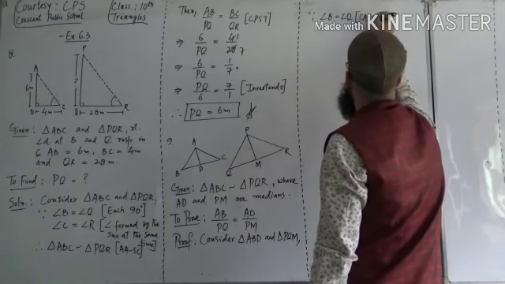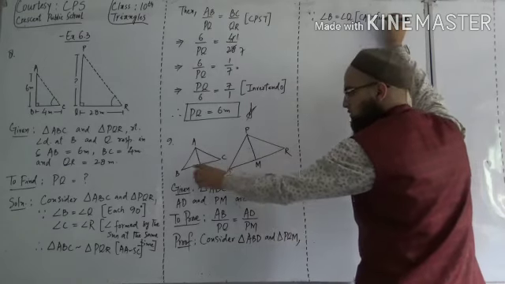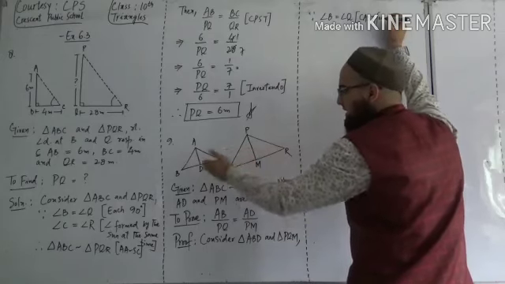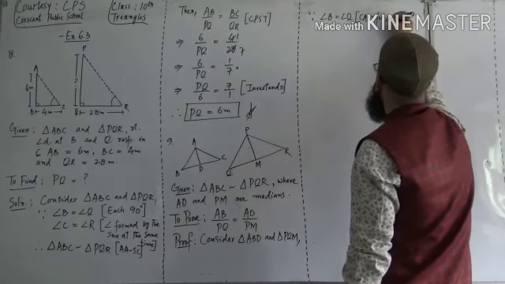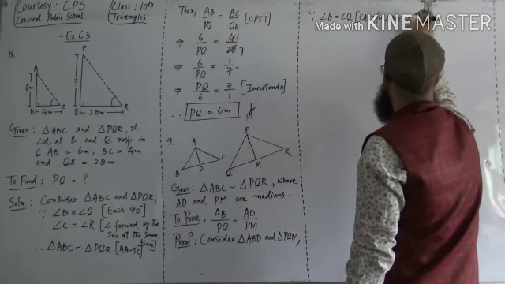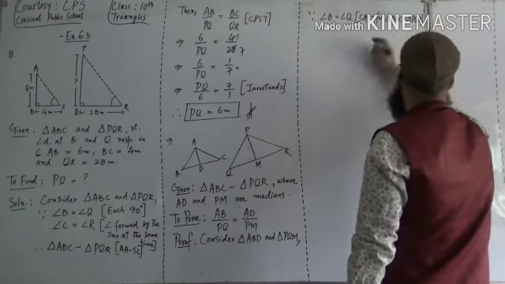CASTC, since ABC is similar to PQR, so these are the corresponding angles for this similarity. So angle B is equal to angle Q, as triangle ABC is similar to triangle PQR. Got that one?